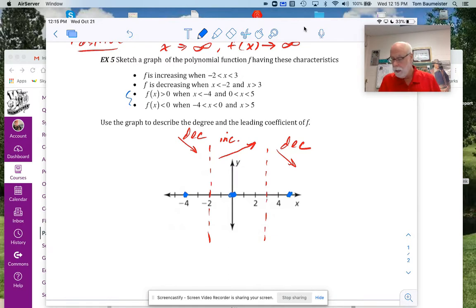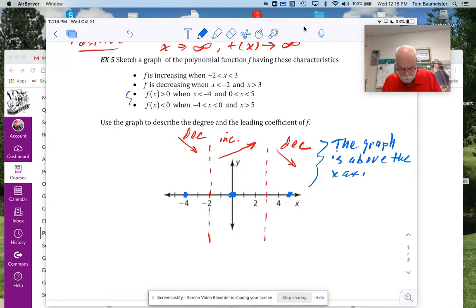All right. So now, right here, I know that the graph is above the x-axis when f of x is greater than 0.